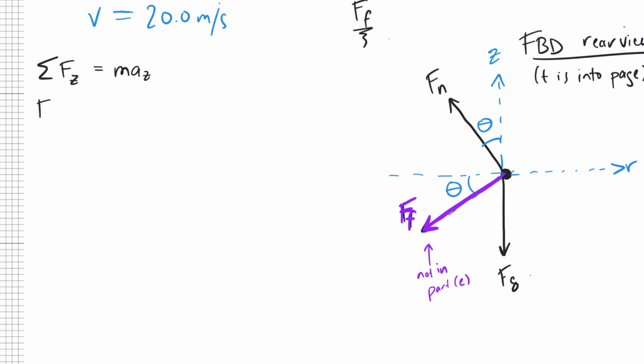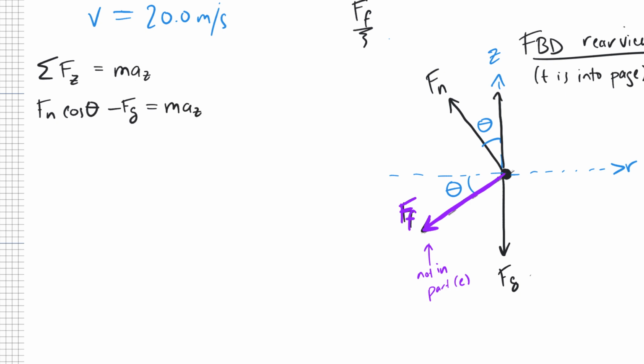I want to note that it's not going straight up, it's going off at an angle, so that is going to be the cosine of theta. In the downward direction, I've got the force of gravity. Remember, we're ignoring the force of friction. The sum equals mass times acceleration in the z direction.